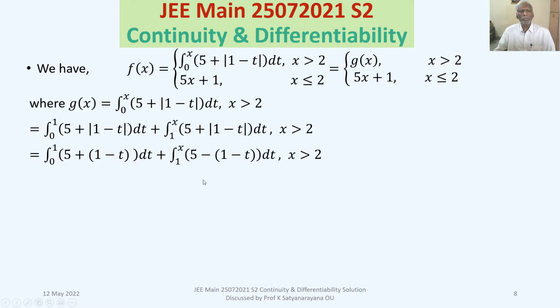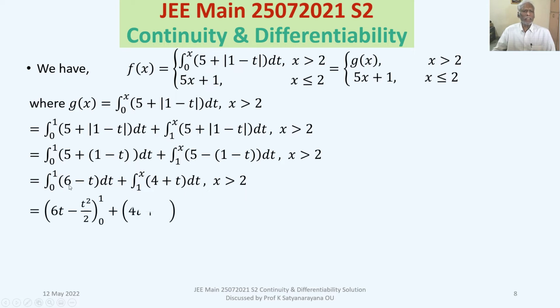Now simplify. The integral from 0 to 1, the first one, is 6 minus t dt. The integral from 1 to x, the second one, is 4 plus t dt when x is greater than 2. It's a simple integration, do it. This is 6t minus t square by 2, where t varies from 0 to 1. And the second integral is 4t plus t square by 2, where t varies from 1 to x.